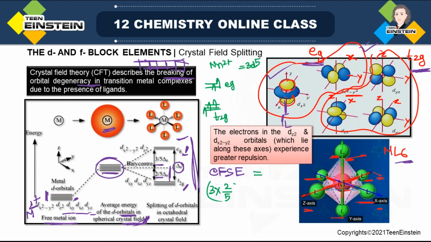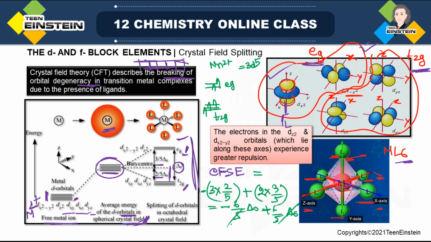As it is lower in energy, there will be a minus sign. And 2 electrons in EG, so 2 into 3 by 5, with a positive sign. So minus 6 by 5 Delta o plus 6 by 5 Delta o. They will cancel each other, so ultimately there is no crystal field stabilization energy gain.